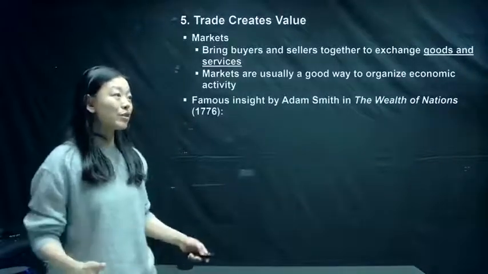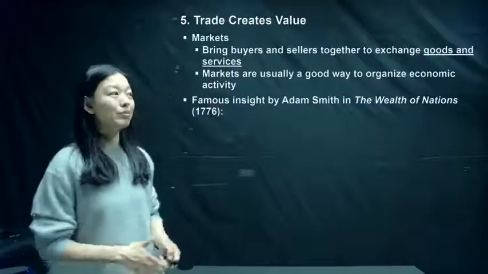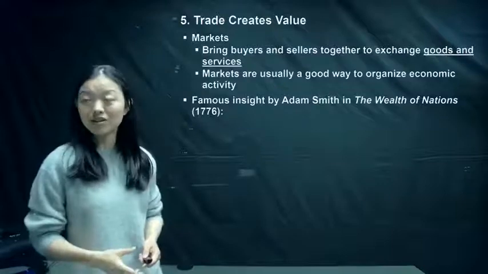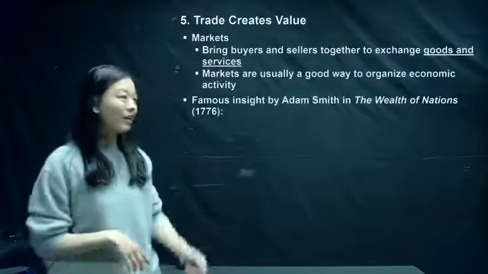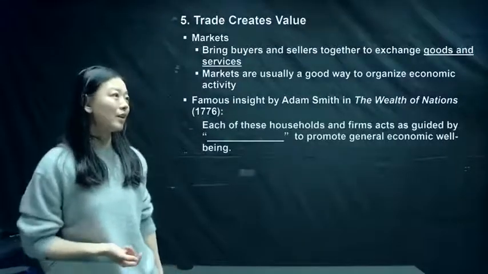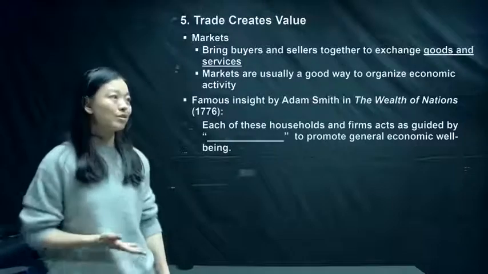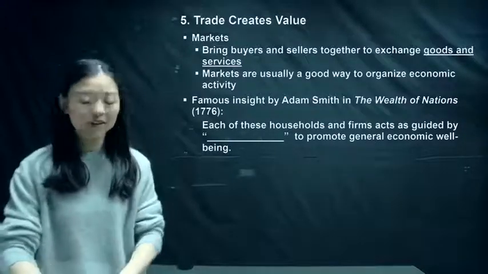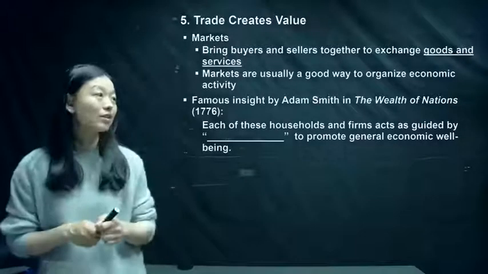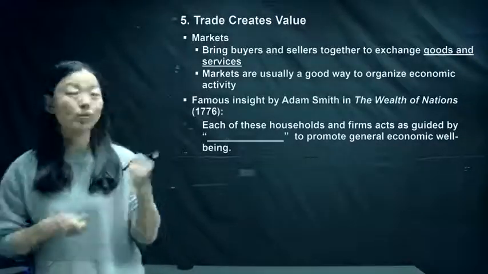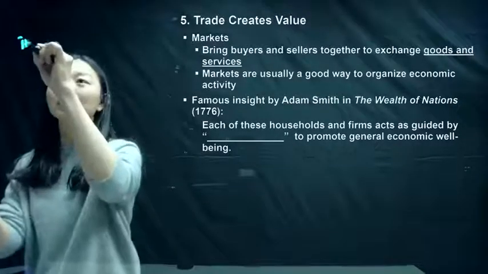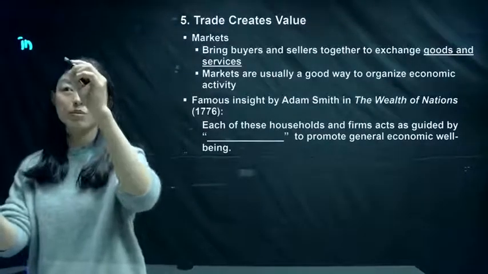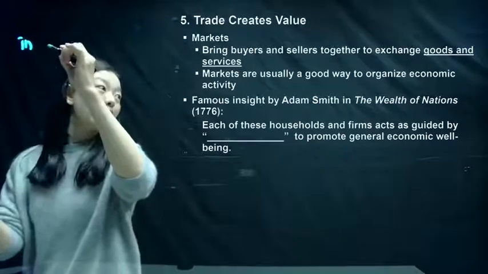And there is a very famous sentence from Adam Smith's book, The Wealth of Nations. This is a very thick book. In that book, he says each of these households and firms are guided by an invisible hand to promote general economic well-being. So this is a very important statement from Adam Smith's book.